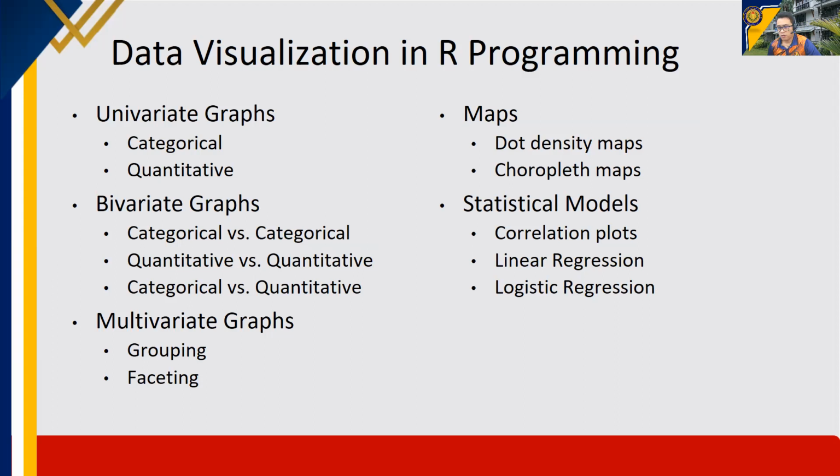For multivariate graphs, we can do some groupings, and for maps, hopefully we can do dot density maps and correlates maps. And finally, we will talk about statistical model visualization using correlation plots, linear regression, and logistic regression. If there is more time, we can visualize other statistical models using R programming, right?